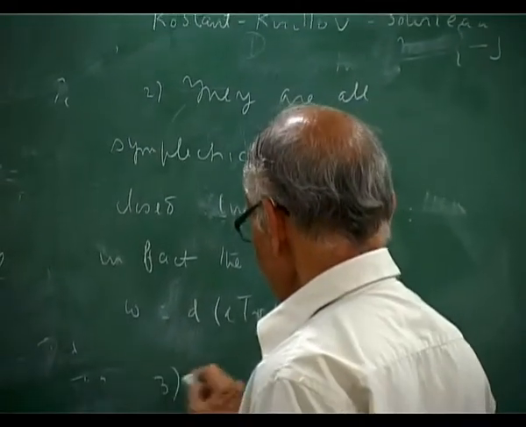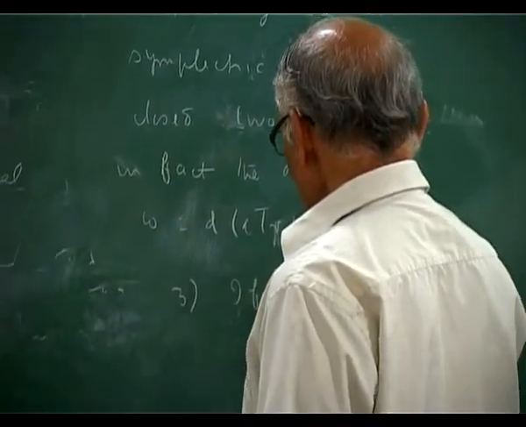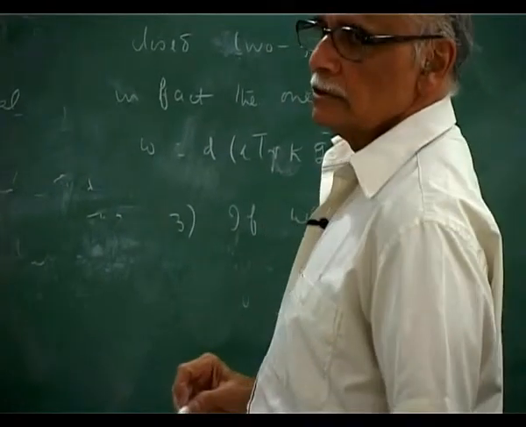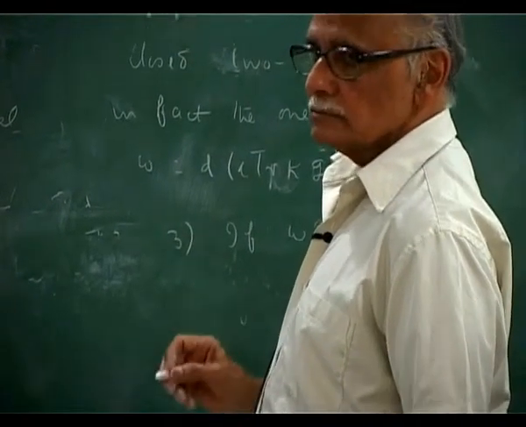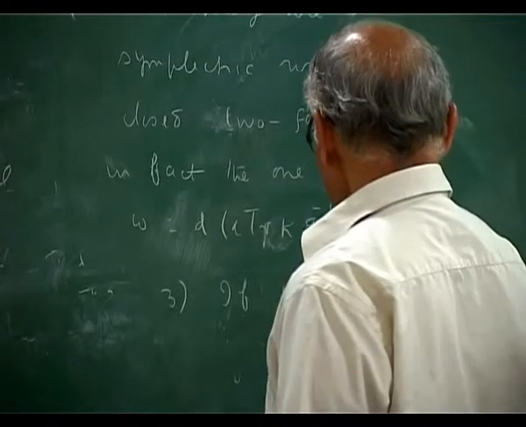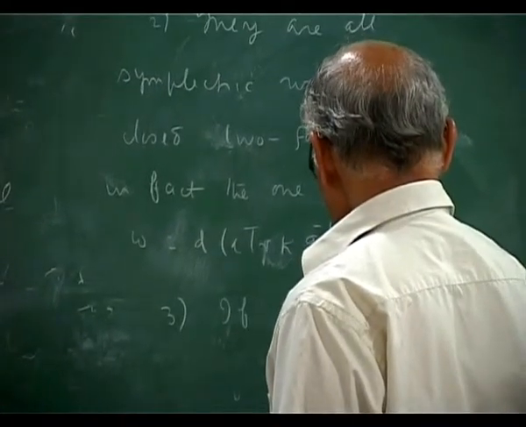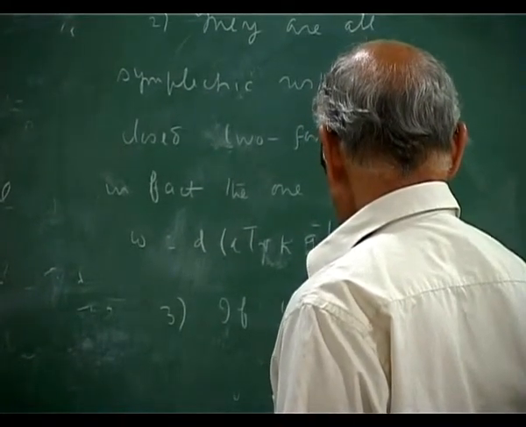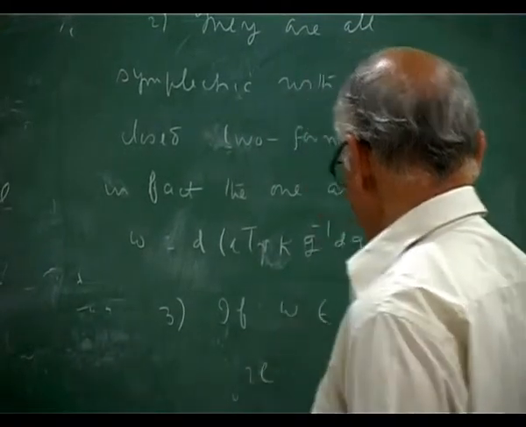If omega, the 2 form, belongs to integral cohomology, what does it mean?